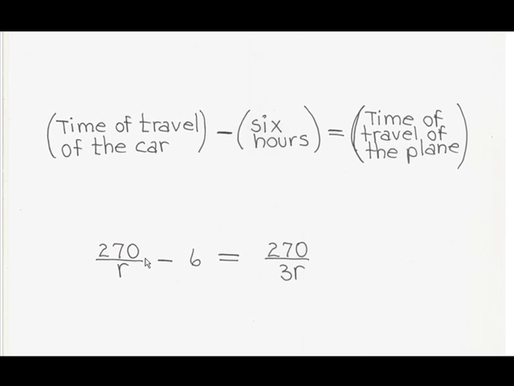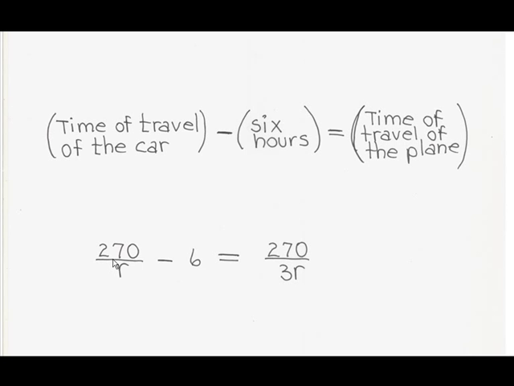Now we can write our equation based on our word equation. The time of travel of the car we found from our table is 270 divided by the rate of speed. If we subtract 6 hours from that, it should equal 270 miles over 3R, the time it took the plane to cover the same exact distance.